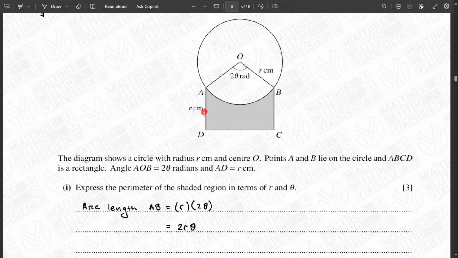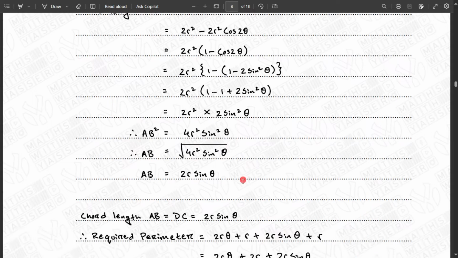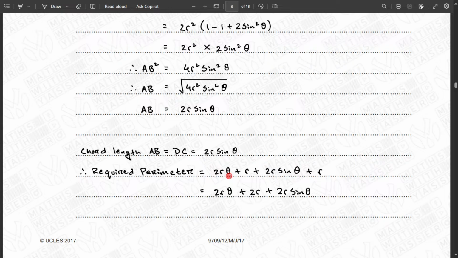So it will be the arc length, which is 2r theta, plus r, which is on the left hand side, plus 2r sine theta, which is the length of DC, and the r on the right hand side. So together, if you simplify it further, it will become 2r theta plus 2r plus 2r sine theta. And this is how we have just expressed the perimeter of the shaded region in terms of r and theta.